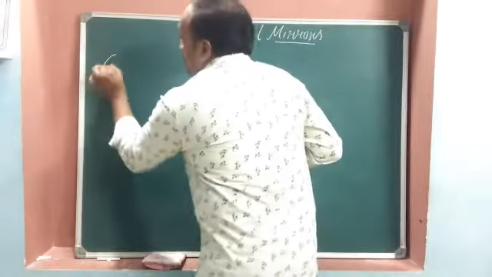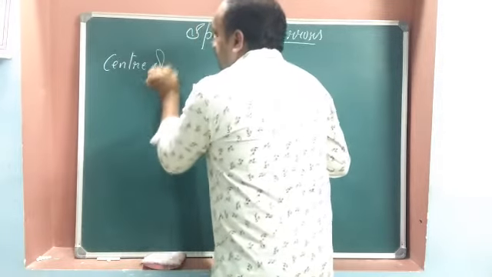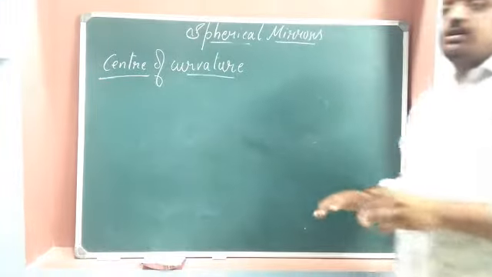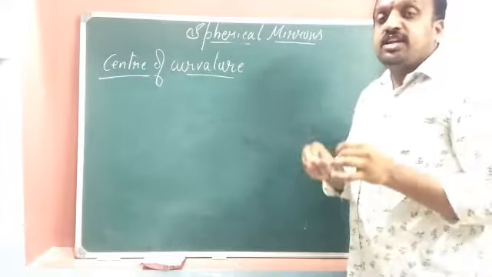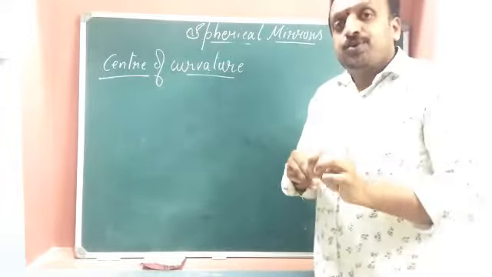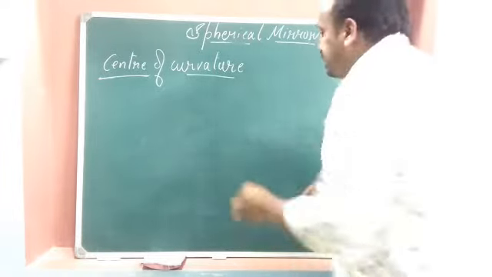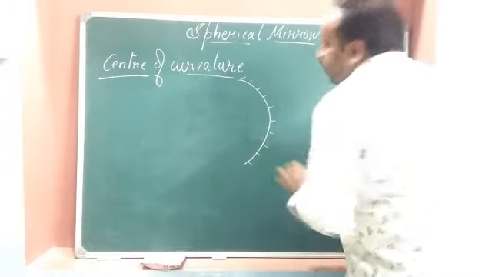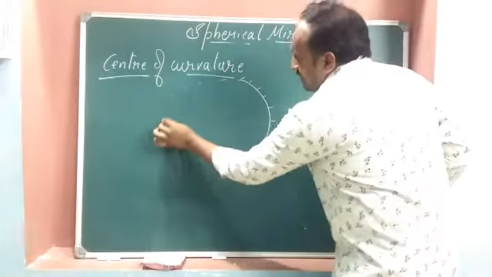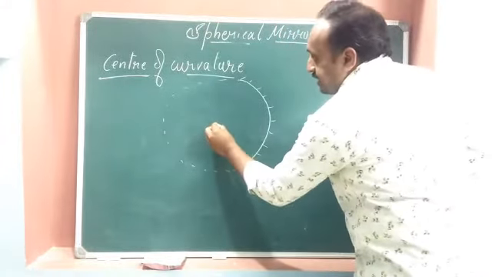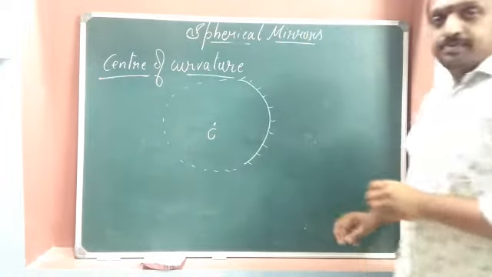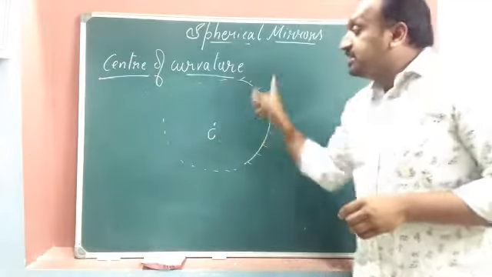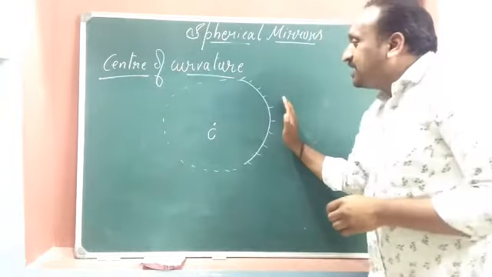One more, center of curvature. See here, the center of curvature is the center of the sphere of which the mirror is a part. Means, if I draw a concave mirror and extend this line, this becomes a sphere, and C is the center. So the center of curvature is the center of the sphere where the mirror is just a part.